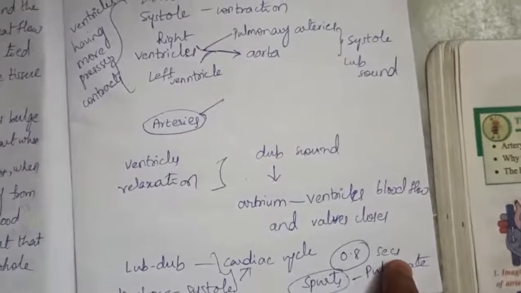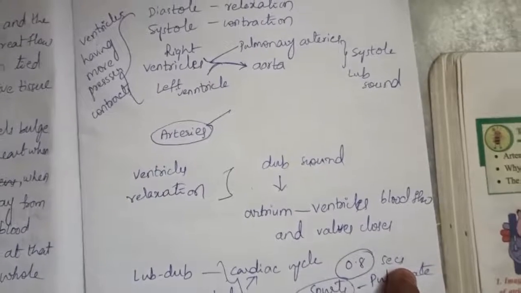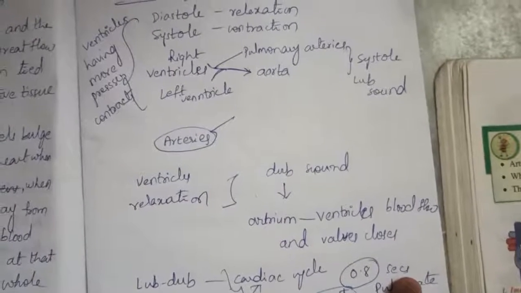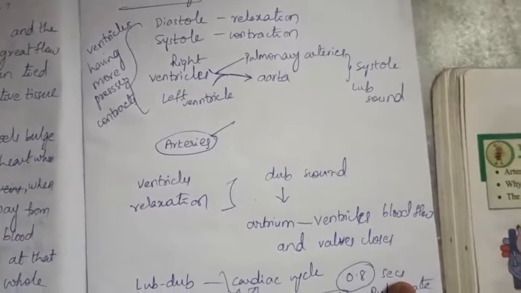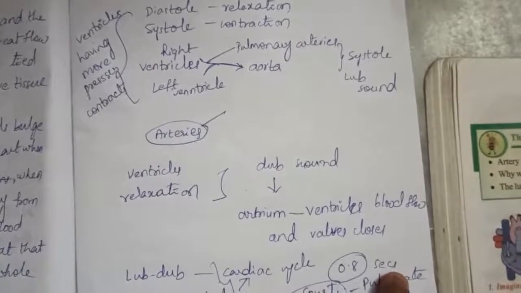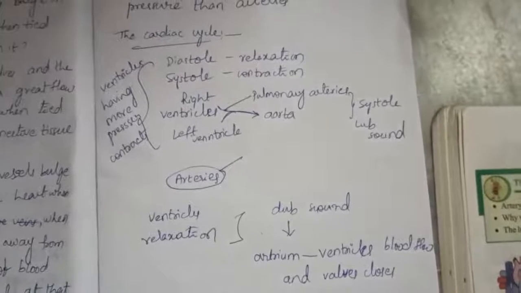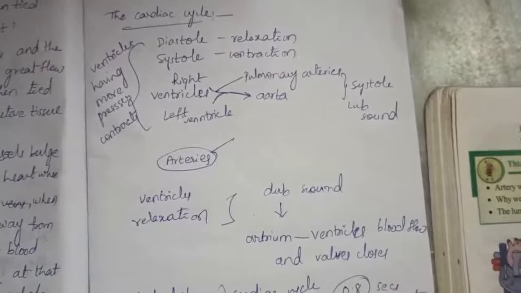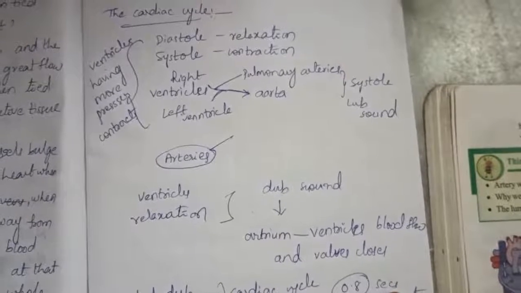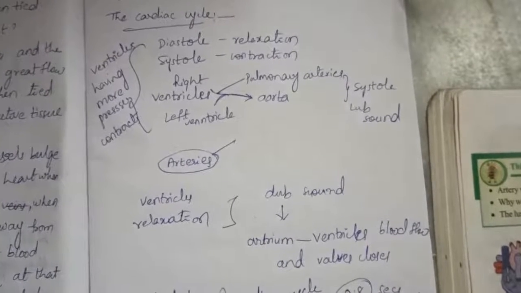This is called the cardiac cycle, the sequential events of the heart. We can observe it repeatedly, again and again. One cardiac cycle completes after the lub dub sound, when contraction and relaxation are completed.